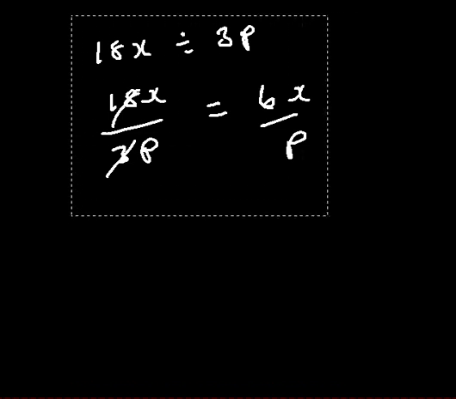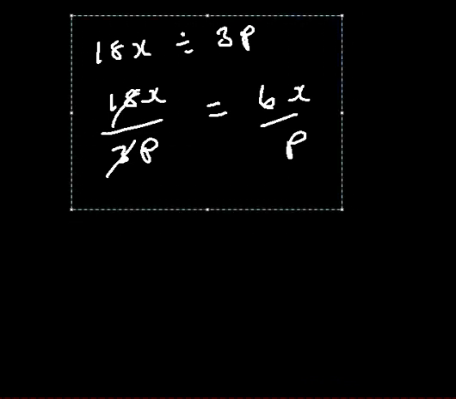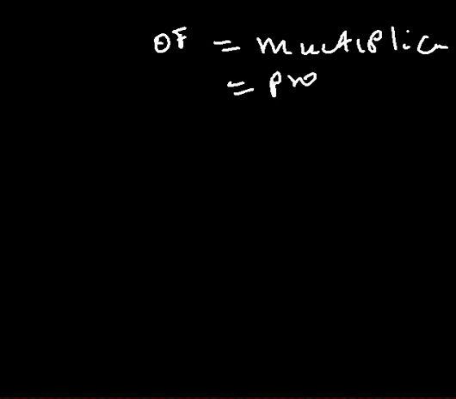Now there is something you just have to understand as well. The word "of" simply means multiplication, or we call it the product. So another name for multiplication is the product.